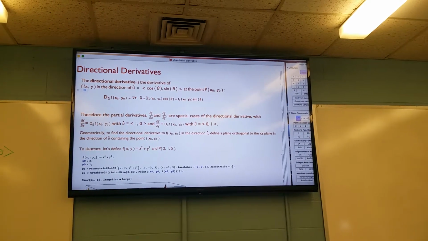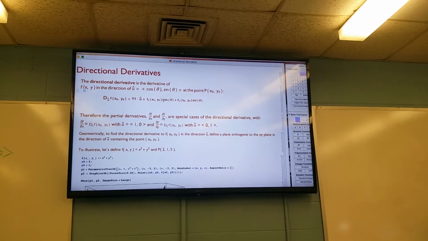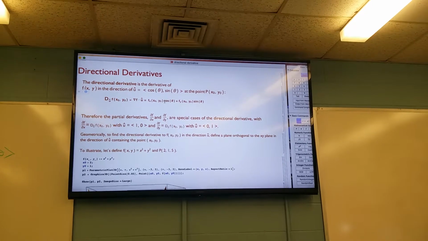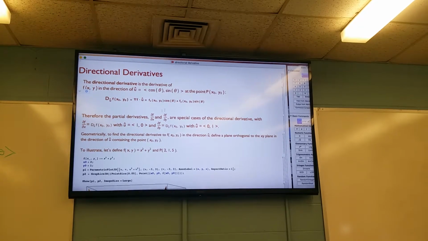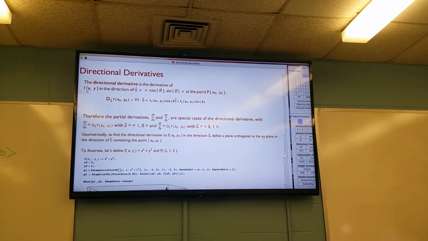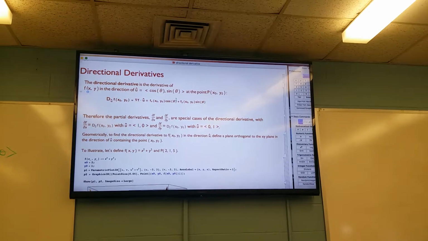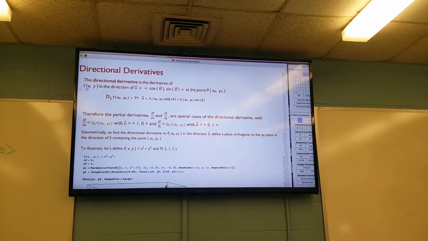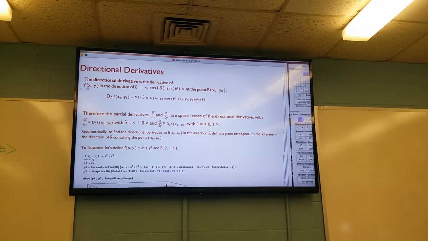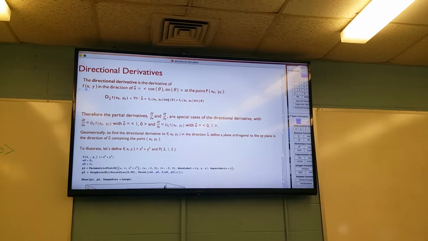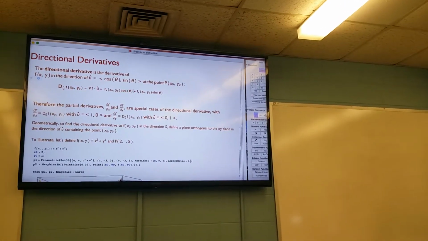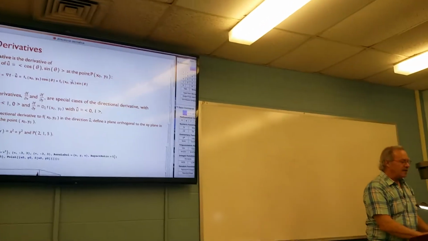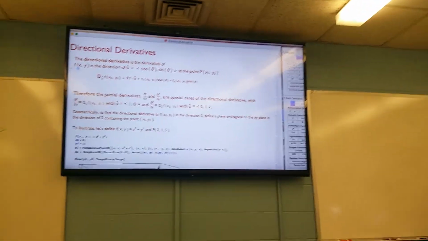If we start with the partial with respect to x, in that direction, directional derivative in the direction of the x-axis, the cosine is 1, the sine is 0, so it's partial with respect to x. As we move in this direction, heading towards the y-axis, this is decreasing, this is increasing. When we get to the y-axis, the cosine is going to be 0, and the sine's 1, and it's all partial with respect to y.